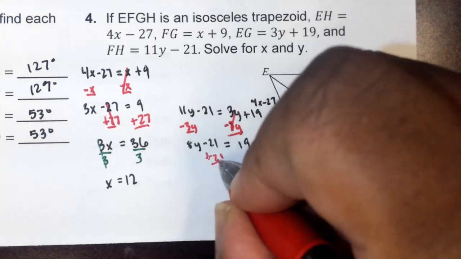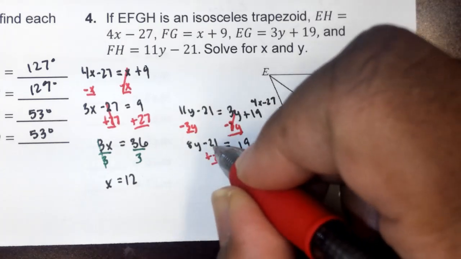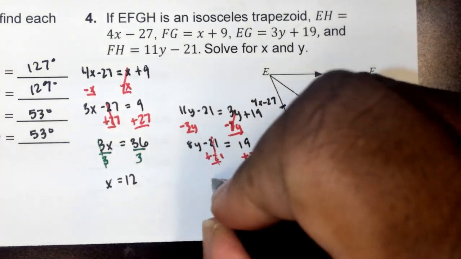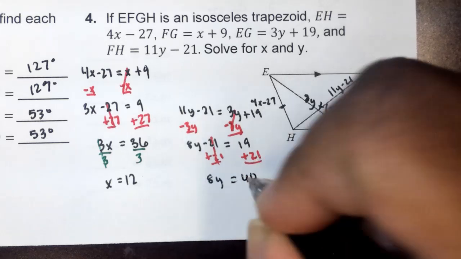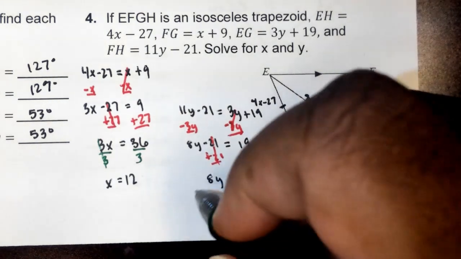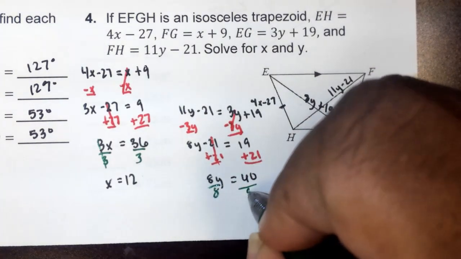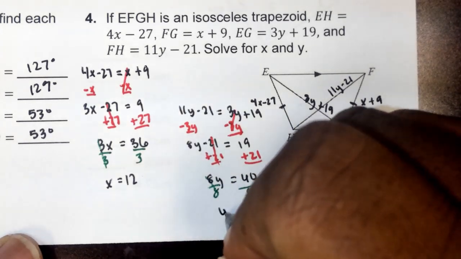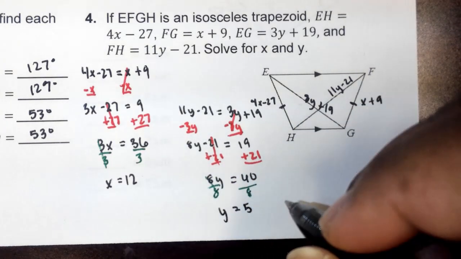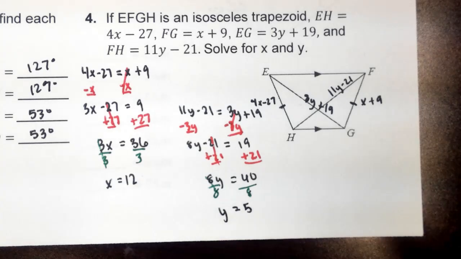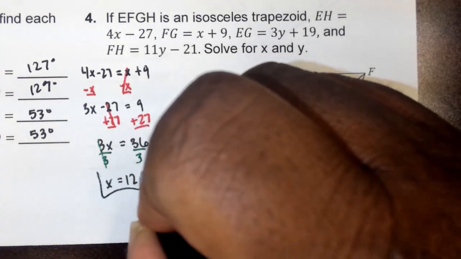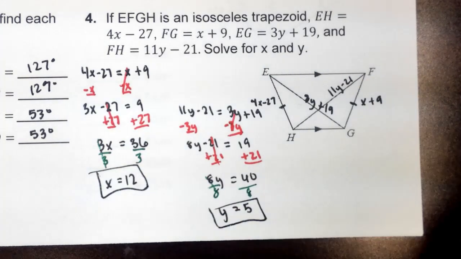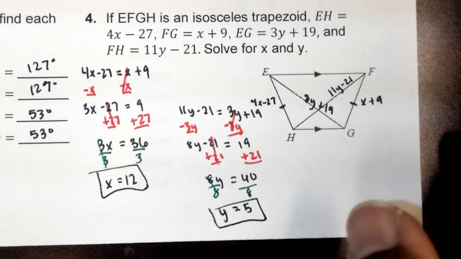Add 21, add 21. 8y, 40. 8y divided by 8, y equals 5. Yeah, yeah.